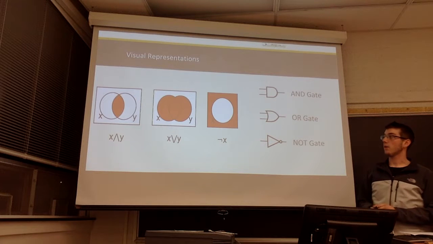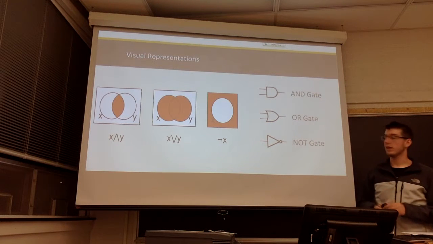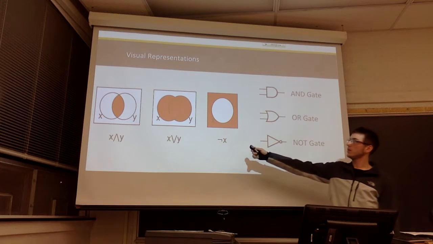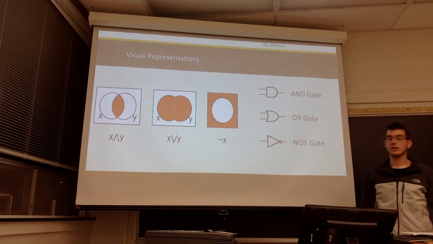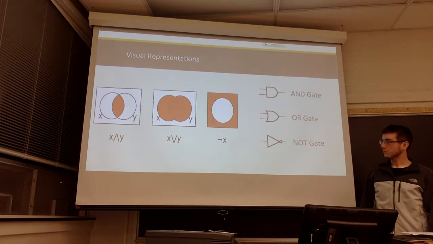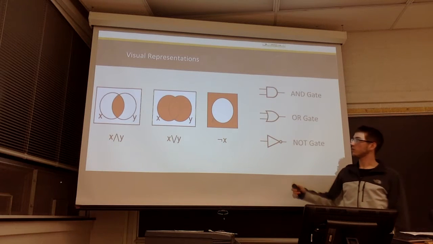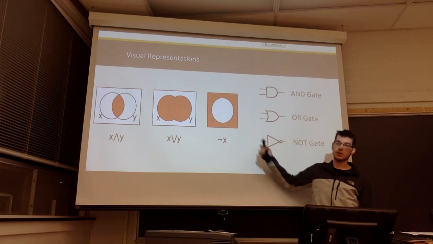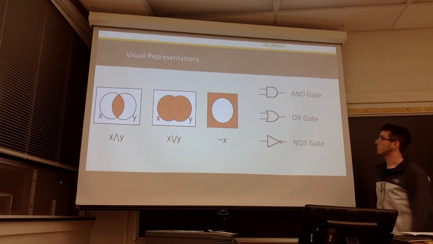Then x and y would be the intersection between them, which is the red section. The middle one is OR, so anything that is within x or y is considered true there. And then this is the negation of x, so everything outside of the circle is considered true.